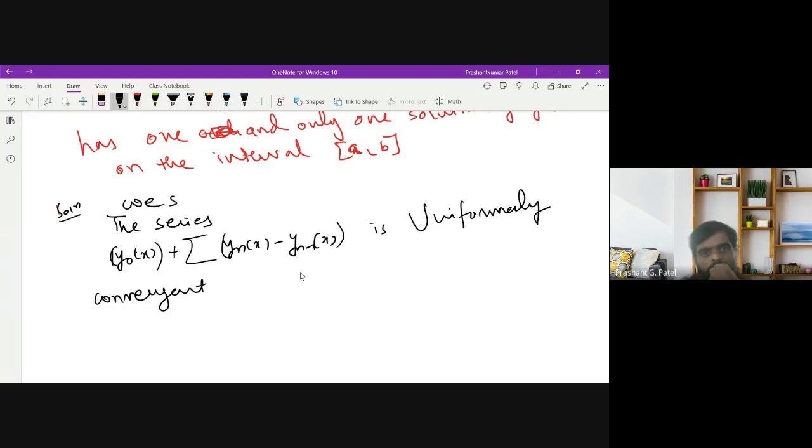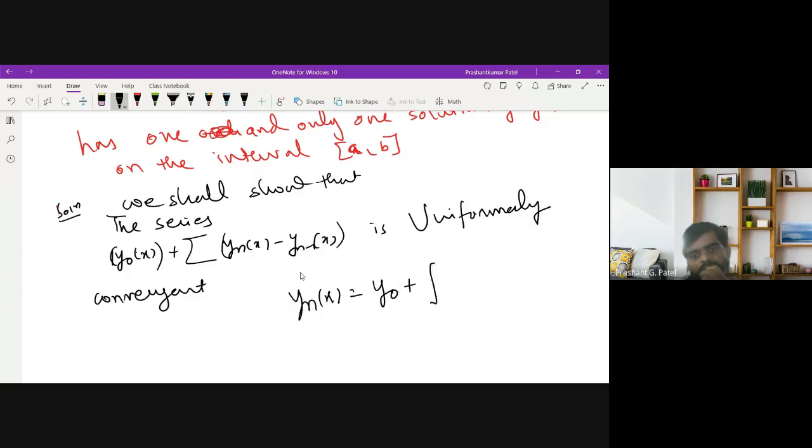We shall show that. What is this yn? yn of x is, we know, y0 plus integration x0 to x of f of t comma yn minus 1 of t dt. This is the sequence.